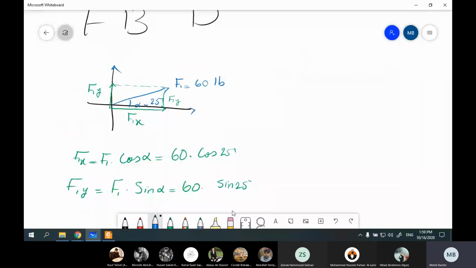Let's find each of these forces. In the first one, we have 60 dot cosine of 25. We have 54. In here, we have 60 dot sine of 25.